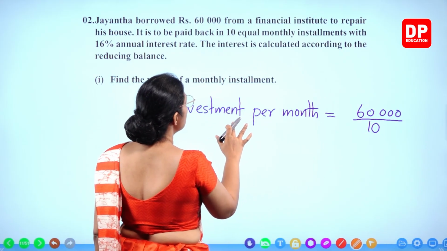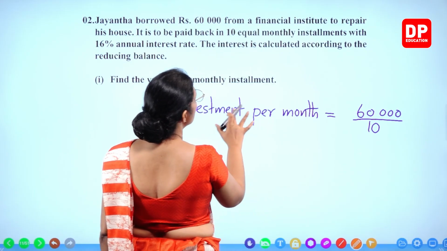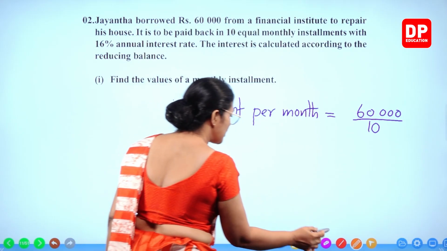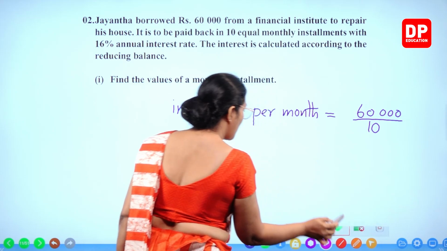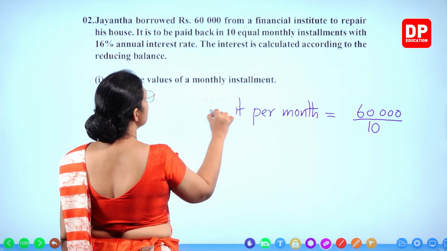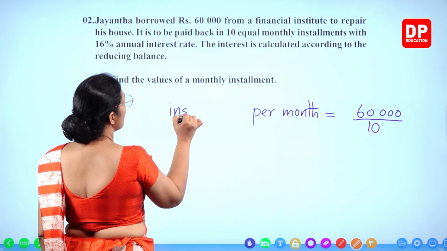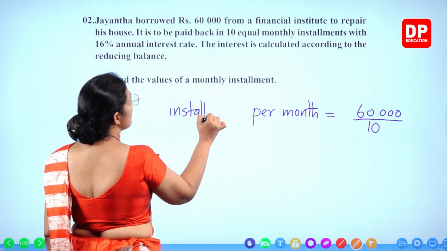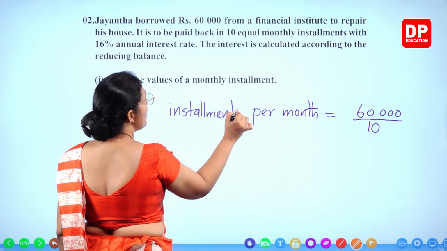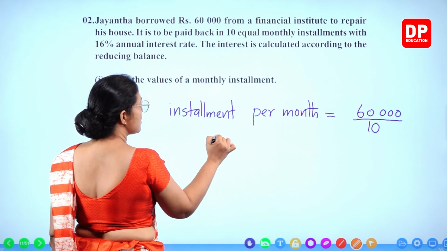So the installment per month, you can write installment, not investment. So I'll write installment per month without interest.